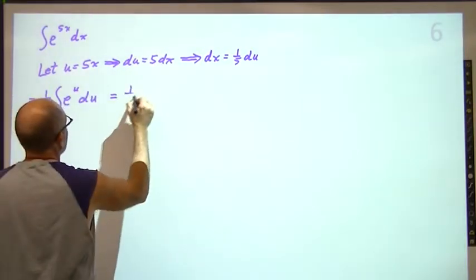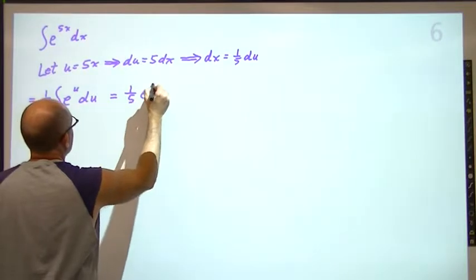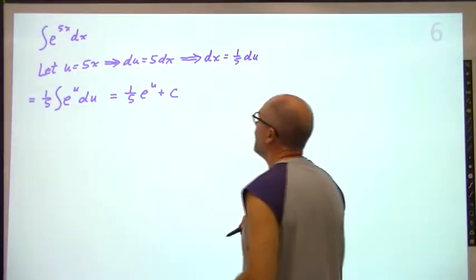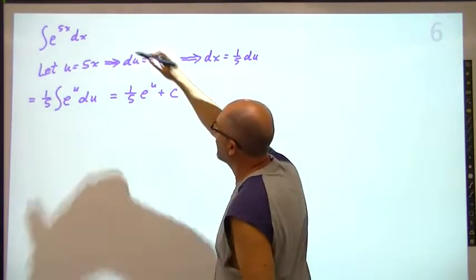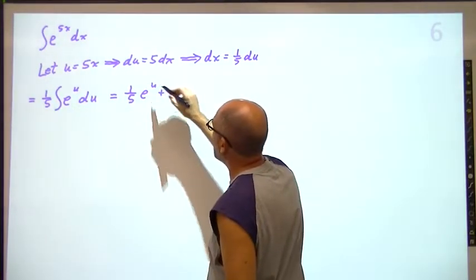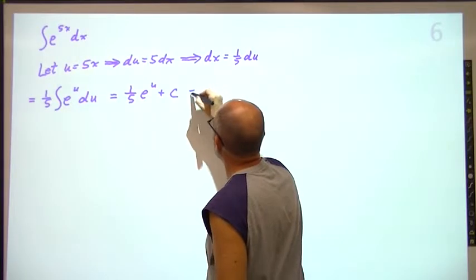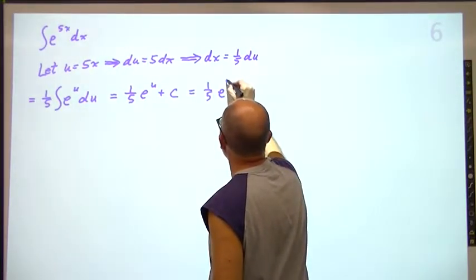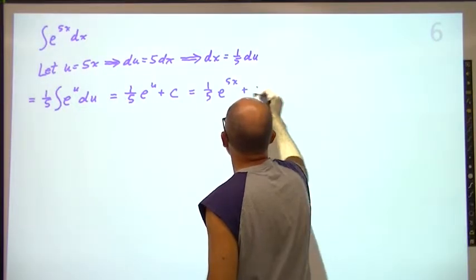So this just becomes 1/5 e to the u plus c. And then all we have to do is plug our x's back in for u. So this becomes 1/5 e to the 5x plus c.